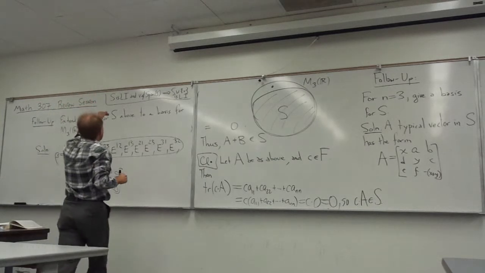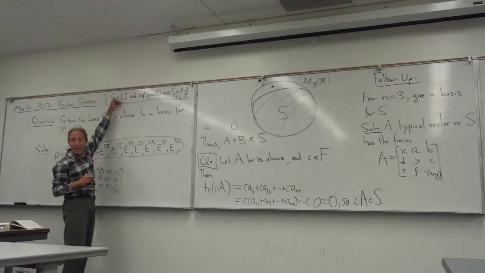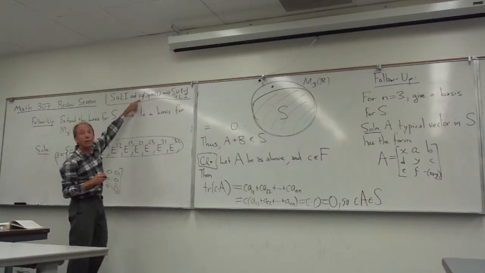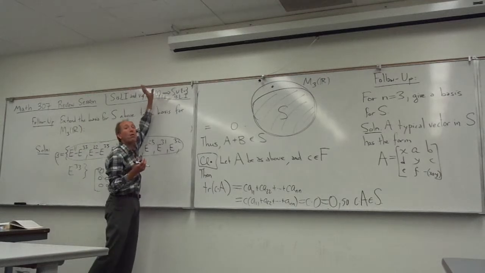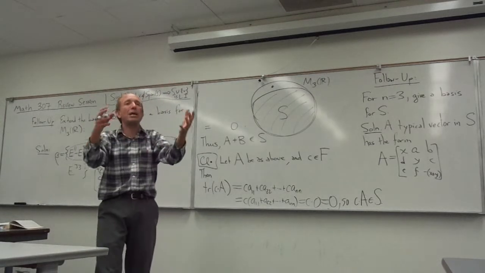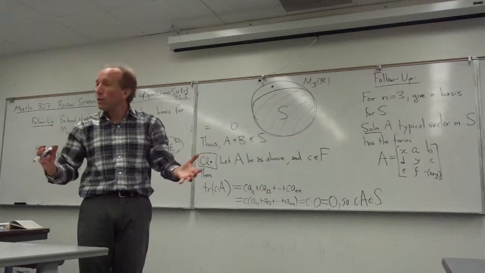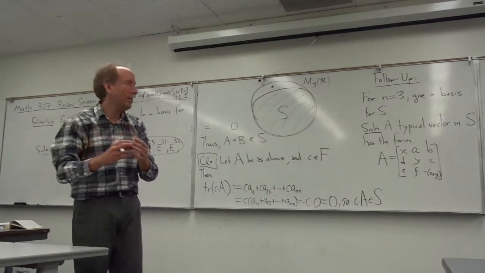So this is a nice theorem. If you have a linearly independent set and you put another vector into your set that came from outside of the span of what you had before, you still have a linearly independent set.